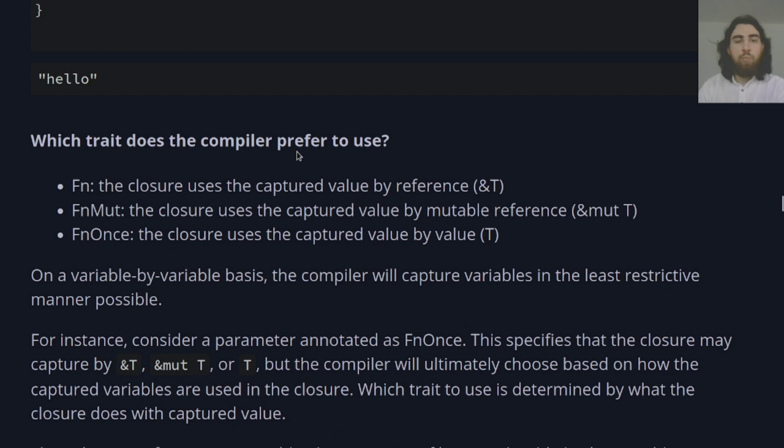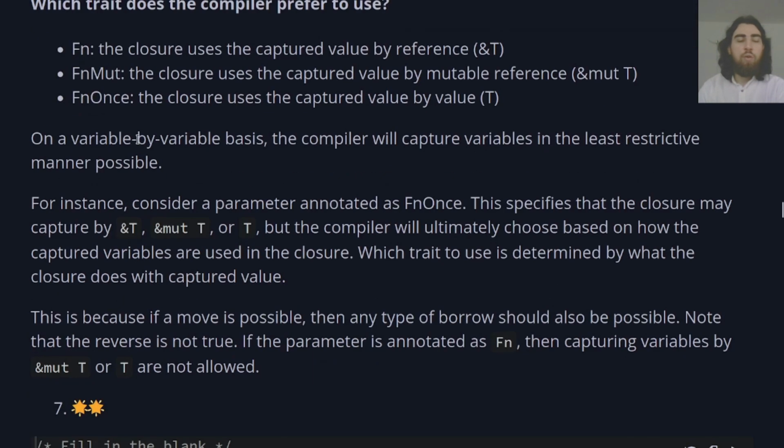Which trait does the compiler prefer to use? Fn, the closure uses the captured value by reference. FnMut, the closure uses the captured value by mutable reference. FnOnce, the closure uses the captured value by value. On a variable by variable basis, the compiler will capture variables in the least restrictive manner possible.